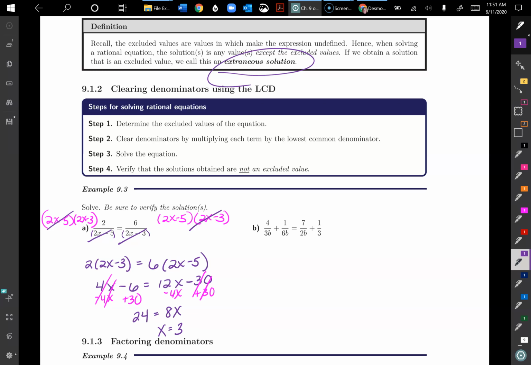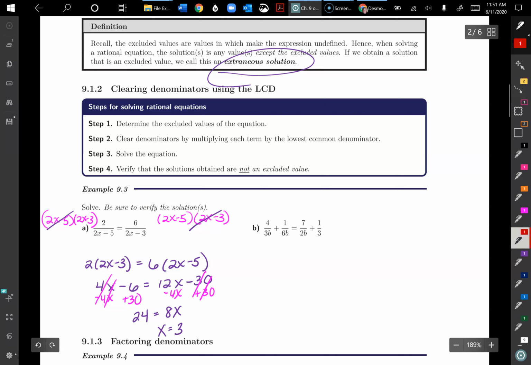Now let's look at our domain. Do we have any issues with that? So if I were to plug 3 back into my denominator, 2 times 3 is 6, minus 5 is 1, so I'm good there. 2 times 3 is 6 minus 3, I would get 3. But another thing I can do is set my restrictions ahead of time.